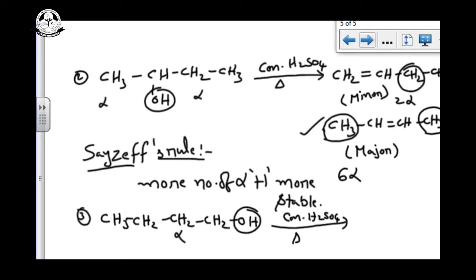Hydrogen must be removed from here. Now the answer is CH3, CH2, CH=CH. Like this you are feeling. Now this is the wrong answer. See the correct answer, and how we can decide the correct answer for the third equation.